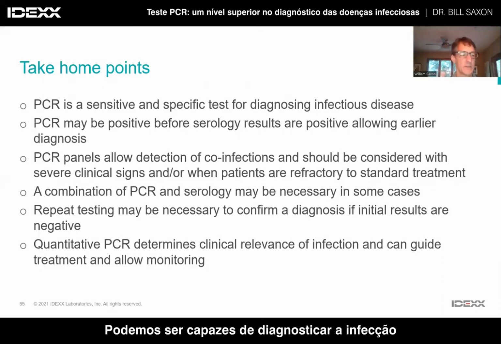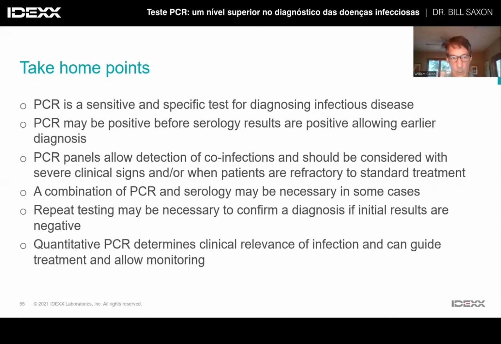Advantages of PCR testing: we might be able to diagnose the infection earlier before seroconversion. We can run panels for vector-borne disease, anemia panels, to determine if we have co-infections, which are common. And we can use PCR for monitoring response to therapy as well. Staging FeLV infection is a new use of PCR testing in cats, which is very helpful.